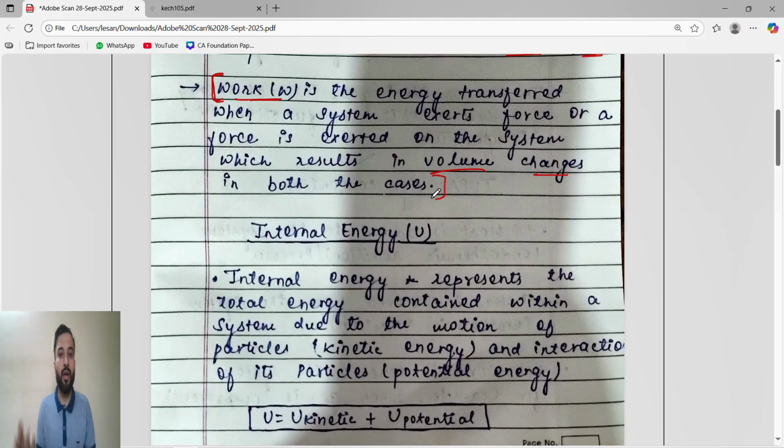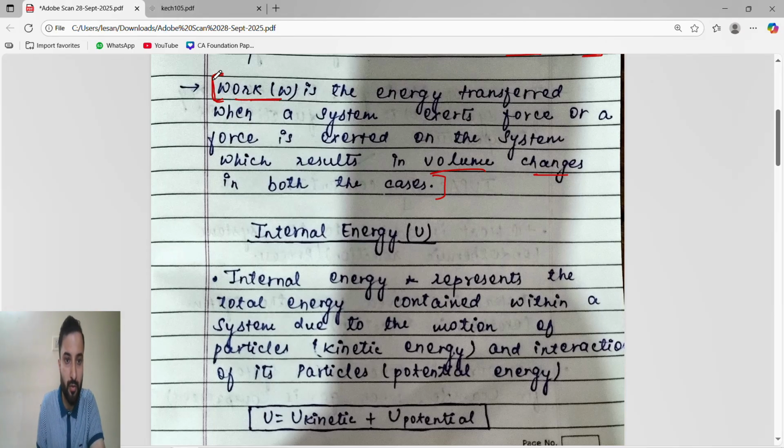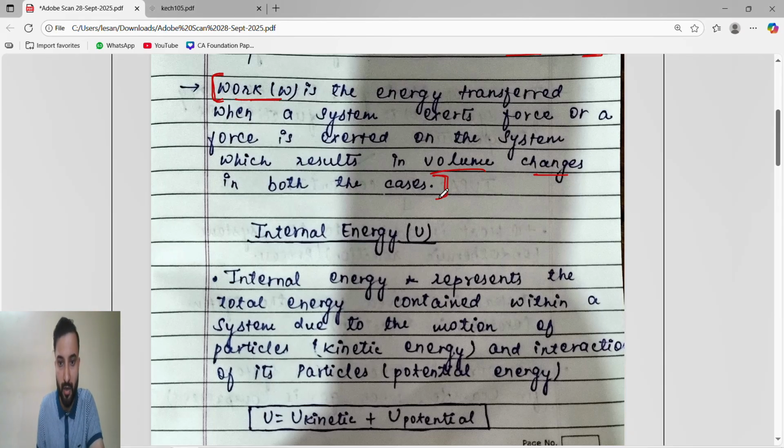Either the system exerts force from downside, the piston goes above, volume changes. Or force is exerted on the system, upon the piston I apply the force, and the volume changes. Okay, write down from here to here.